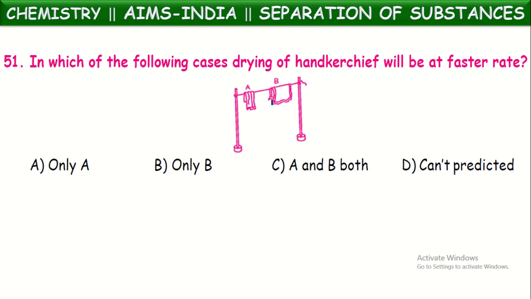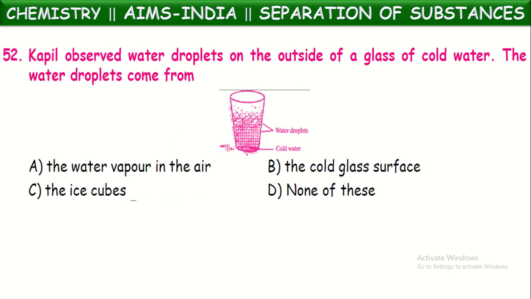B, because its complete surface is kept open. So from all the parts, water will evaporate at the same time. But if you see the first one, it is folded. From the inner layers, water will evaporate slowly. So for drying of kerchief A, more time will be taken than for B. So it will dry at a faster rate, that is B. B will dry faster because it is completely kept open without any foldings.